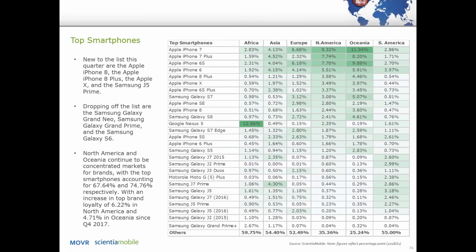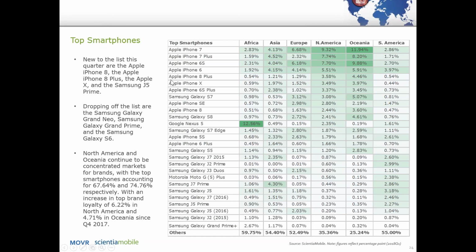Moving on to the continent level analysis, we have in our overall report more detail on this, but just to give you some highlights, the Apple iPhone 8, the Apple iPhone 8 Plus, and the X are new to the list. It's been since their launch back at the end of 2017. We haven't quite seen them on the list yet.